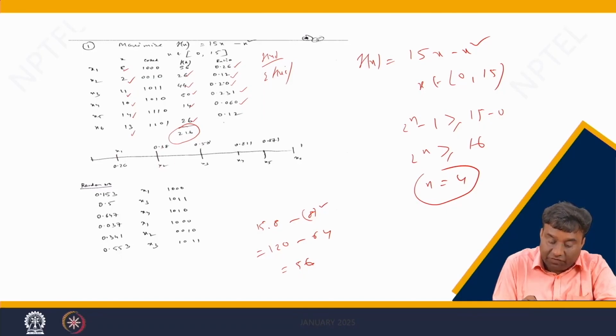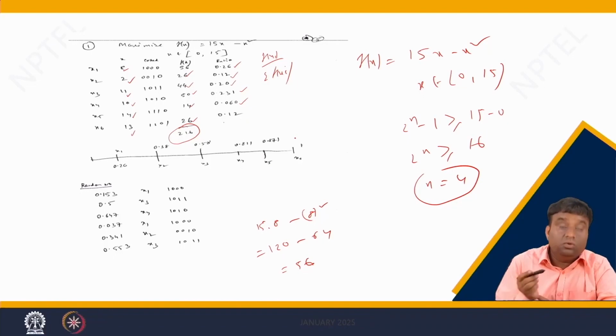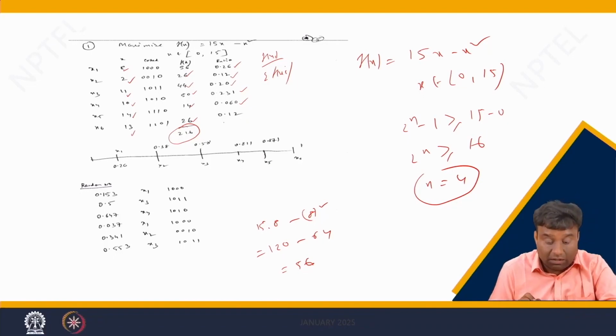Again, if you add this, you will get 0.58 at x3. If you add it, you will get 0.811. If you add it, you will get 0.871 for x5. And if you add it, you will get it for x6. So that is 1.